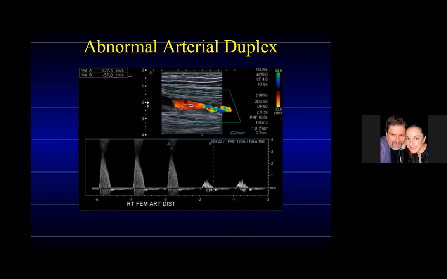And if you get the ratio between the two, the ratio is greater than 2, okay? If the ratio is greater than 2, the stenosis grade is greater than 50%. The higher the velocity, the greater the stenosis. And eventually, the velocity just disappears because you get a blocked artery, okay?